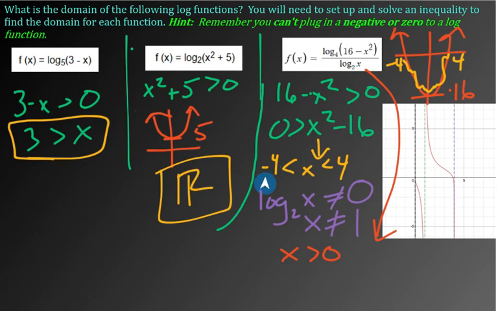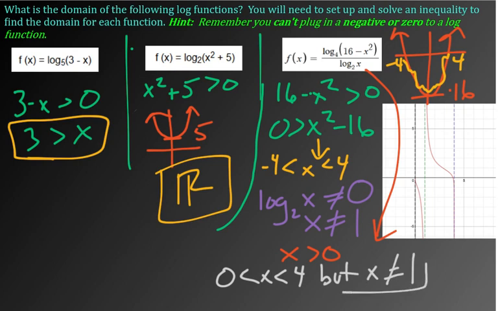You basically can't have any of these negatives because x needs to be greater than 0 from the log on the bottom. And then x cannot be 1 also. So the final answer for that one would basically be anything between 0 and 4, but x cannot be 1. And that would literally be the domain.